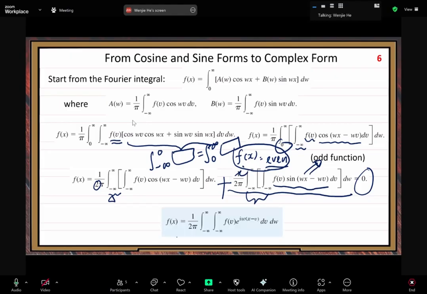So we get f equals this formula. That's the way we go to the complex form. So this is the complex form, with this exponential function.